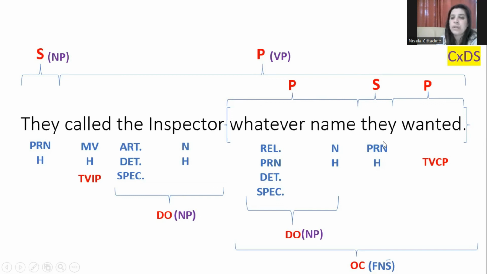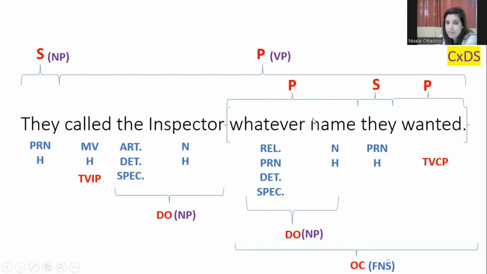Wanted is the main verb of the relative clause, and it is a transitive verb because it takes an object. Yes? They want what? Whatever name. Yes, so this is an object, and it is a direct object. It cannot fulfill another function. So wanted, it's a transitive verb of complete predication.